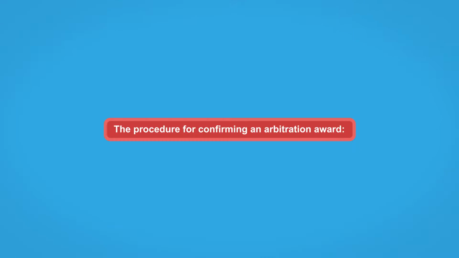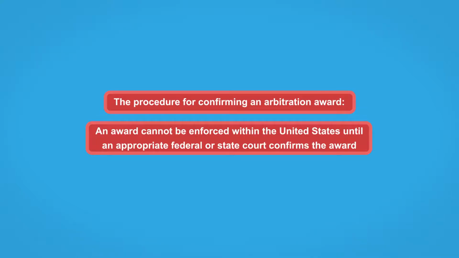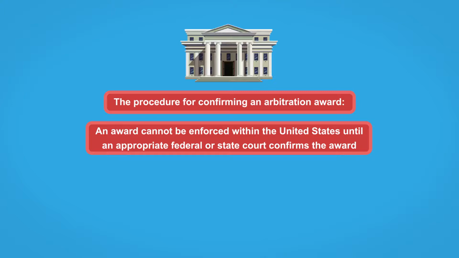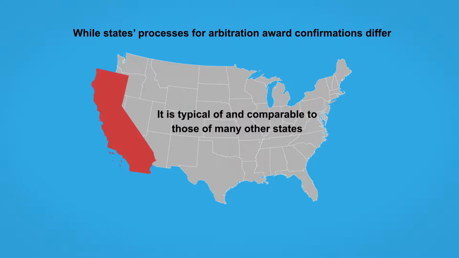The procedure for confirming an arbitration award is relatively straightforward and is necessary because an award cannot be enforced within the United States until the appropriate federal or state court confirms the award. While states' processes for arbitration award confirmations differ, we will look at California's approach because it is typical of and comparable to those of many other states.